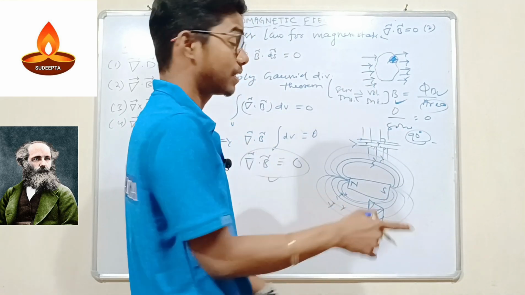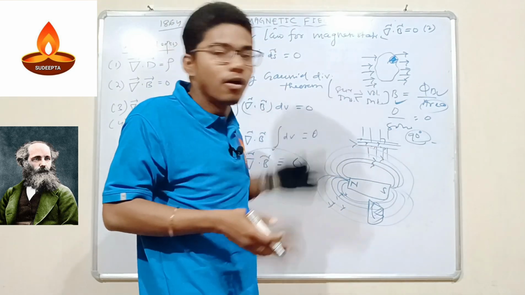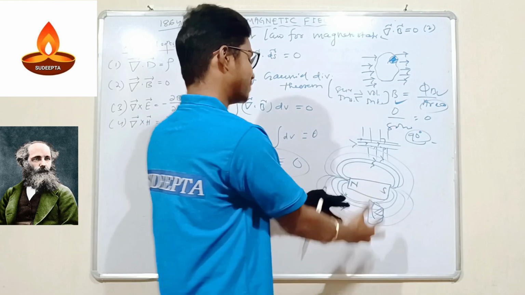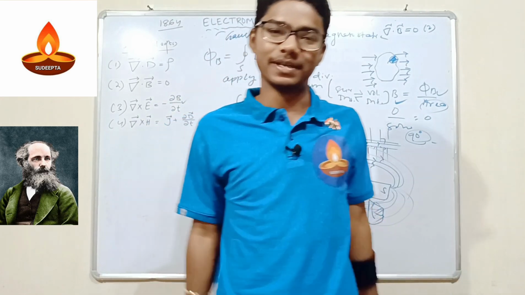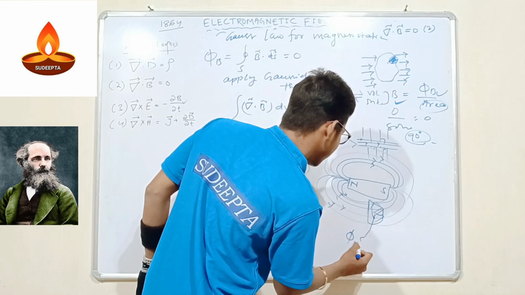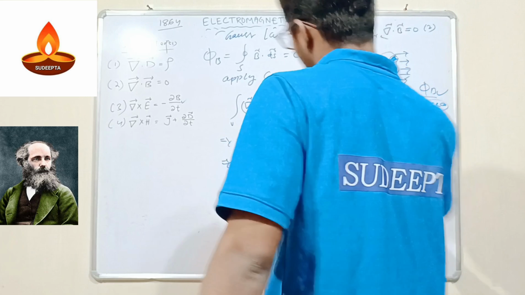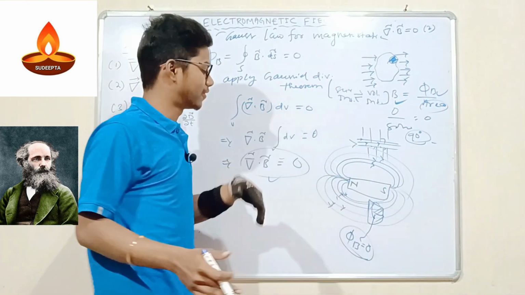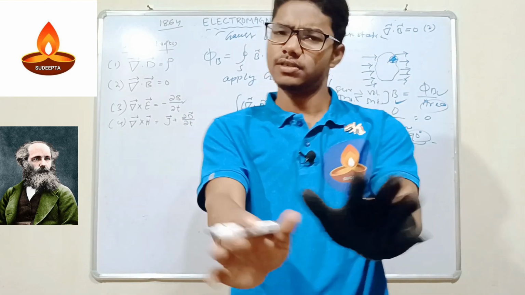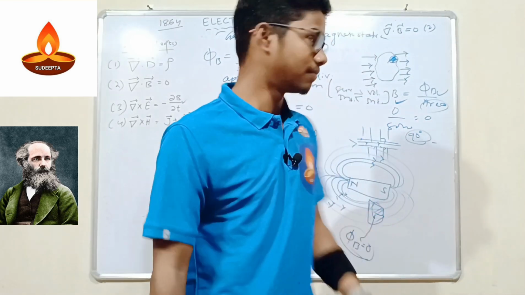If that is a closed surface, then there will be nothing inside, because all the field lines will pass through it. That's why the magnetic flux inside is always 0. When you put any closed surface in a magnetic field, it will always be 0. This is the simple statement.